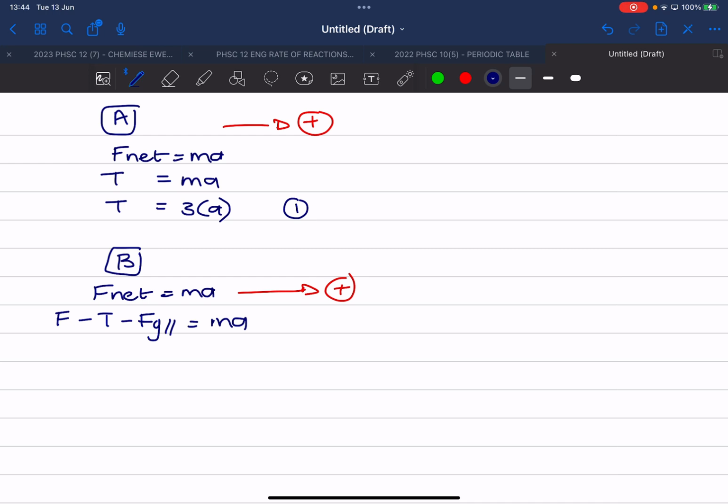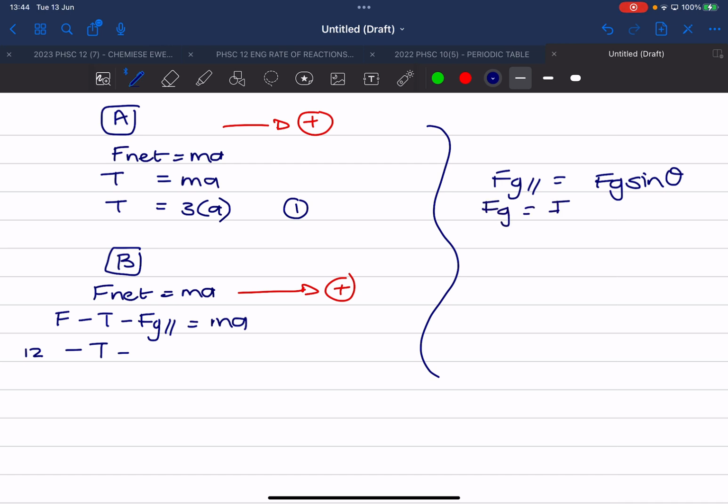Okay, so here the applied force is 12. I still do not know what T is. Hoe bereken ek nou weer FG parallel? It's FG sin of theta. Wat is FG nou weer? It's mass times 9.8.